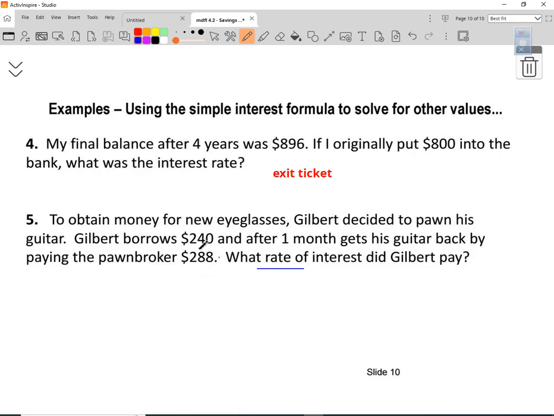Okay, so the difference in the amount that Gilbert pays is the difference between his principal and what he has to pay back. So here we have to find the interest by taking the 288 and subtracting 240.